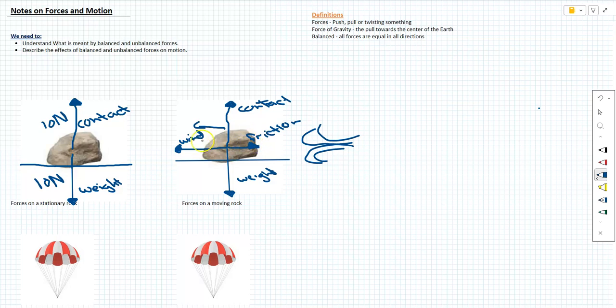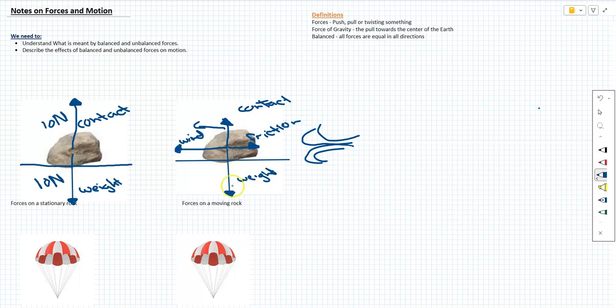And that causes this rock to roll until it stops. You see that the contact force and the weight are equal, but the wind and the friction are not equal. If the contact force was shorter, then this rock would be floating, or would be crushed.